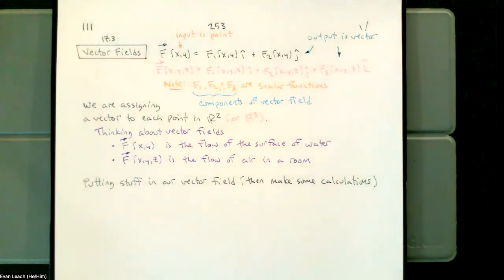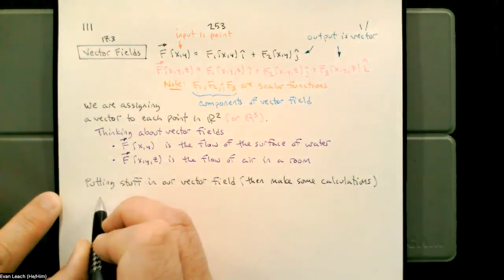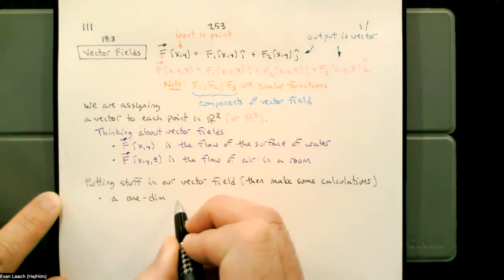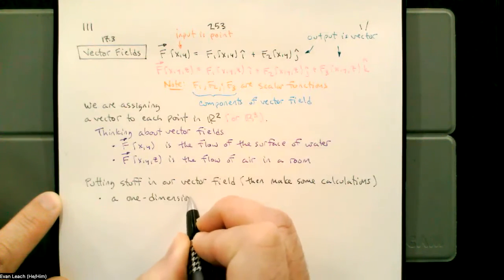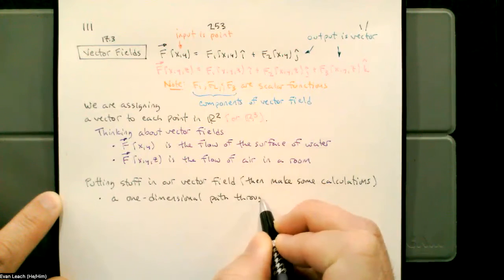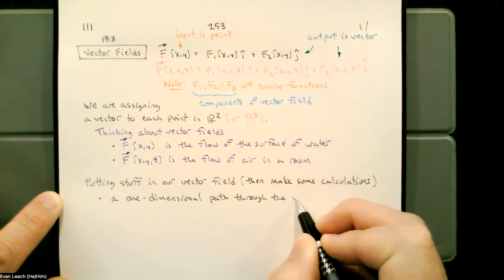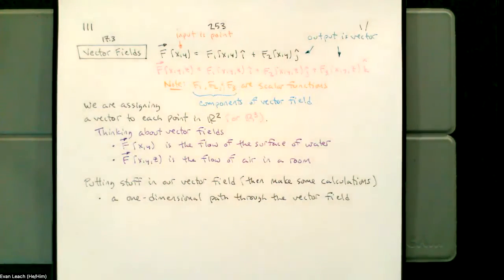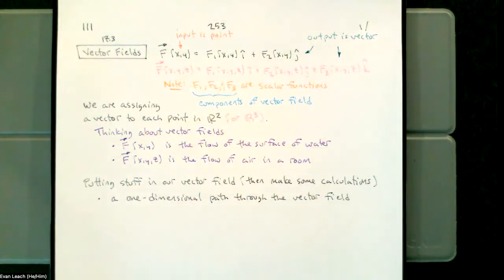So next we want to think about the stuff that we're going to put into our vector fields. We want to think about a one-dimensional path through our vector field.